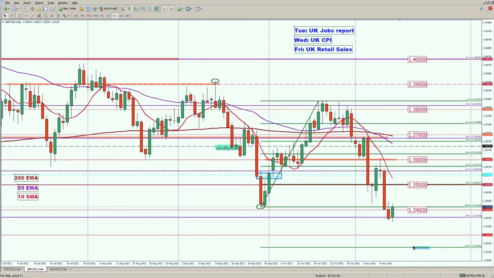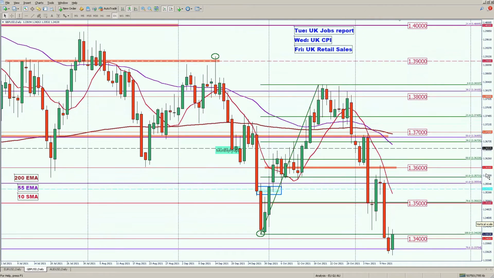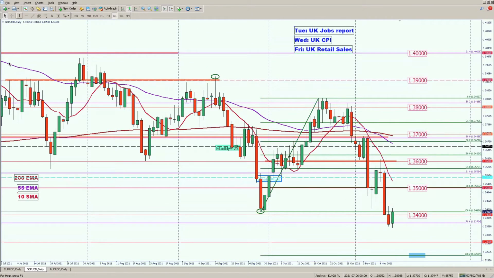So there could be a potential support zone down here. Let's also mark the 133.